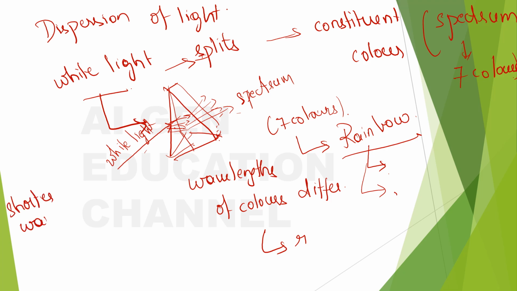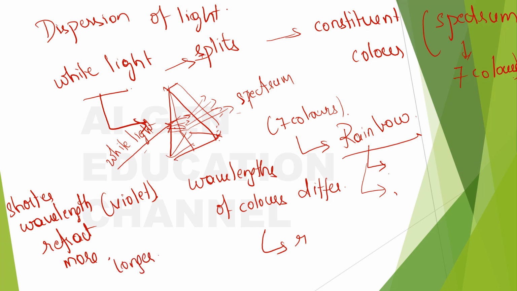Shorter wavelengths like violet will refract more as compared to longer wavelengths like red.